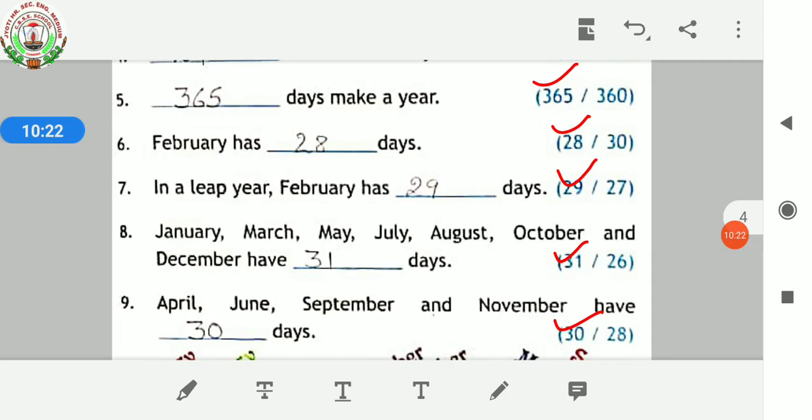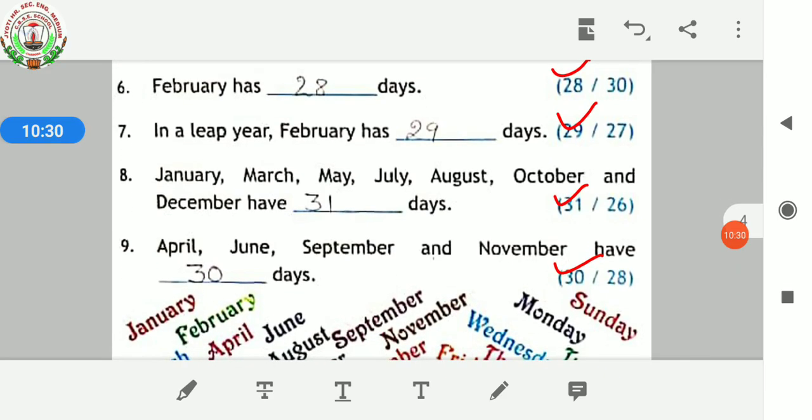So January, March, May, July, August, October and December have 31 days. Number 9, April, June, September and November have dash days. So April, June, September and November have 30 days.